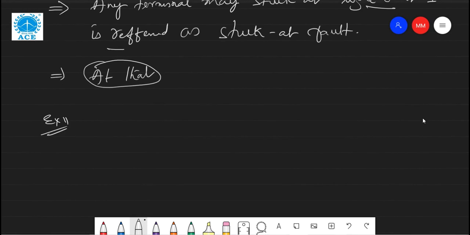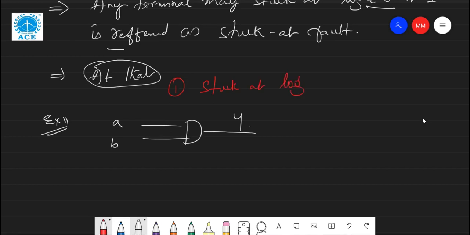I would like to take another AND gate, with values A, B, okay, and this is Y, my output, okay. So in this case, say the first value is stuck at logic 1, okay. So what is the truth table of AND gate?